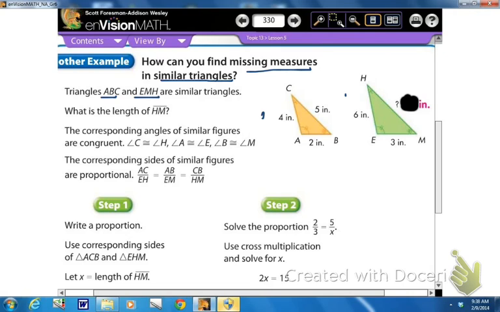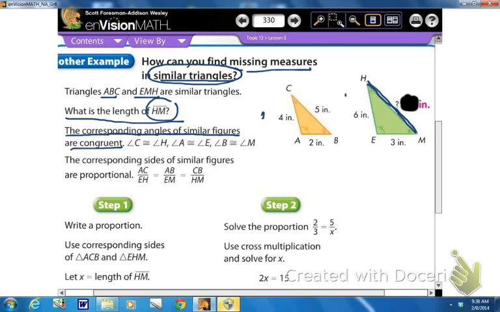What they want you to do is find the length of line segment HM, point H and point M. They want to find the length of this line segment here with that question mark beside it. But what you need to know is, what does it mean when they say triangles are similar? It means the corresponding angles of similar triangles are congruent.